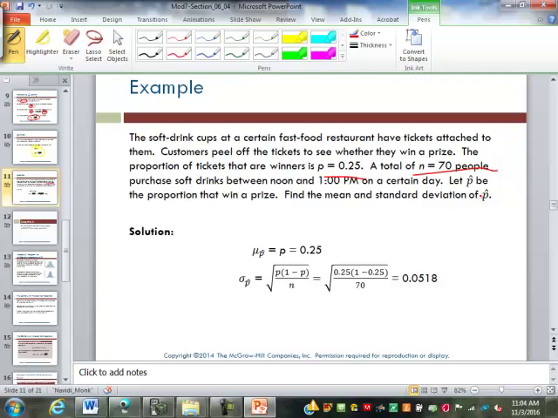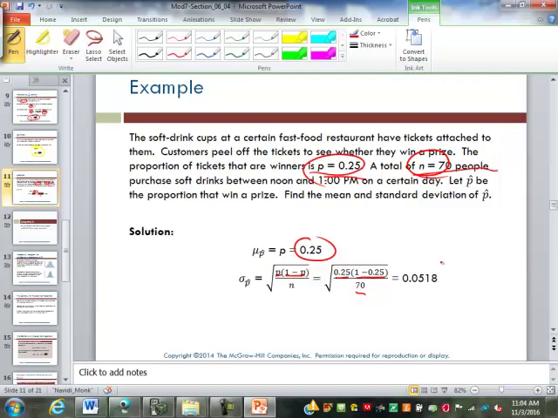So find the mean of those sample proportions. If we took a bunch of different samples of 70, the mean of all those sample proportions should be 0.25, just equal to the population proportion. The standard deviation will be the square root of p times 1 minus p, so 0.25 times 1 minus 0.25, over n, which is 70. That comes up to 0.0518.